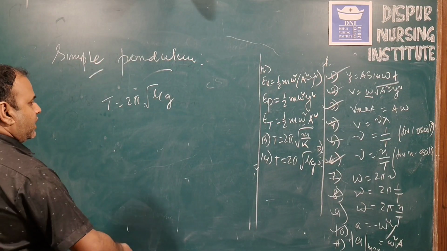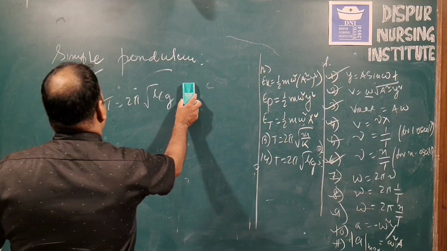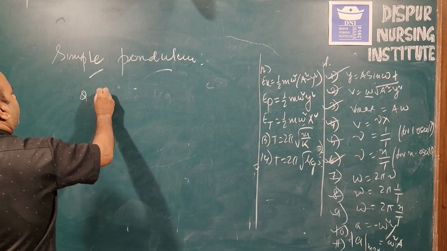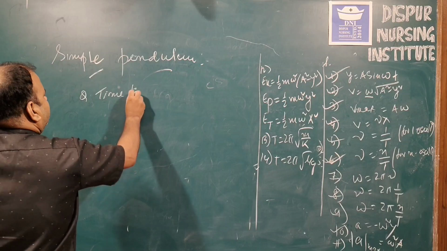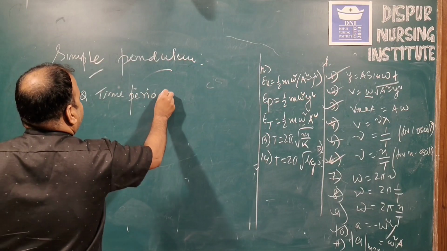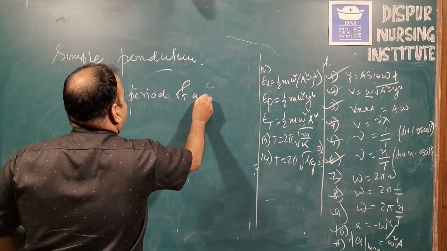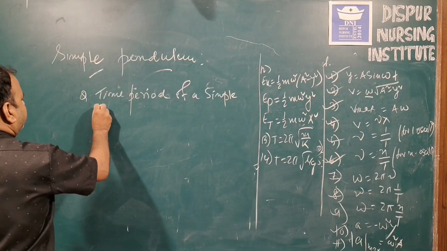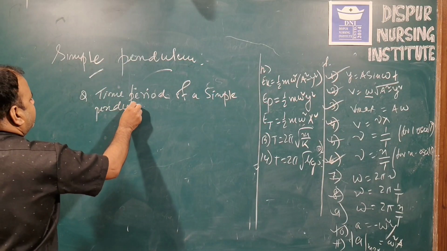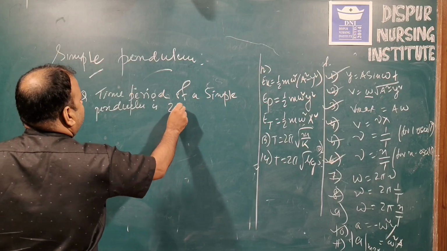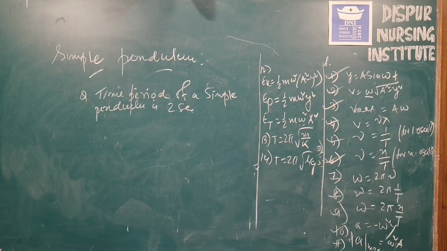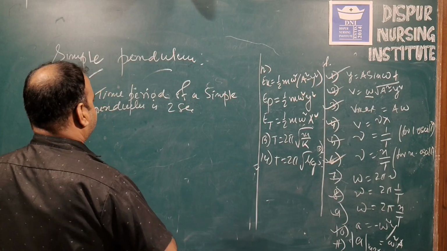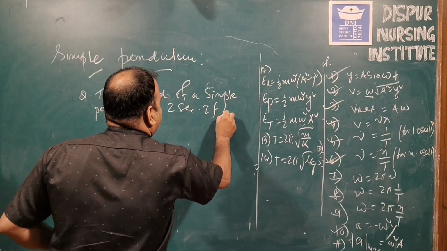Suppose using this formula, how can we solve the numerical? Suppose you are given one question. The time period of a simple pendulum is 2 seconds.